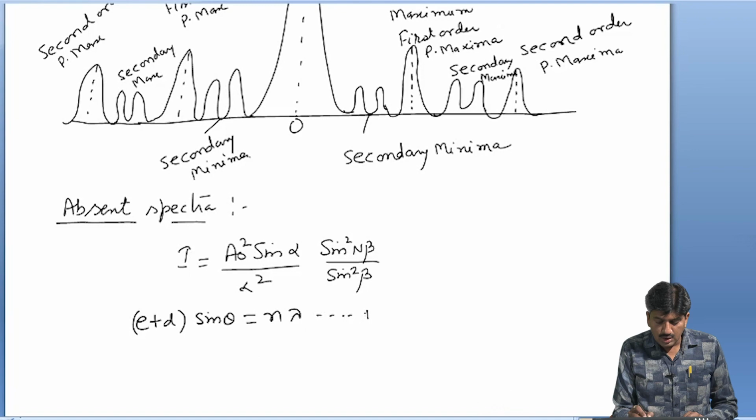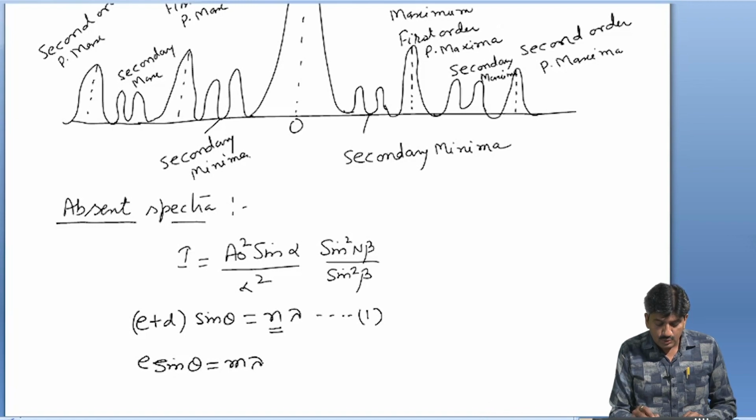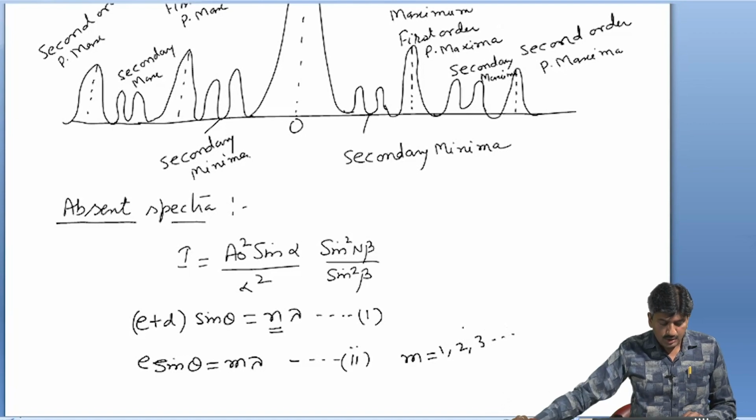Suppose it is equation number 1, where n represents the order of the spectrum, and the condition of minima in a single slit is e sin theta equal to m lambda. This is the condition of minima in diffraction due to a single slit. Suppose this is equation number 2, where m may be 1, 2, 3 and so on.